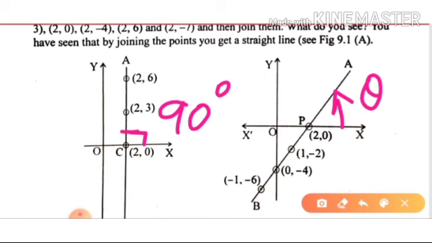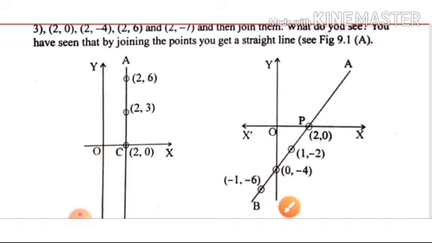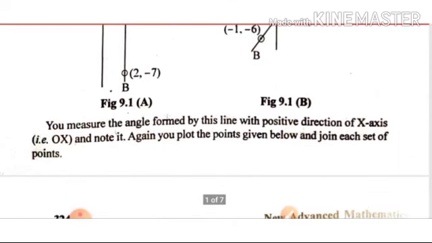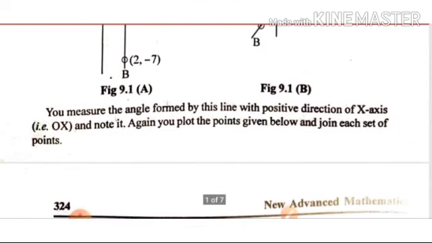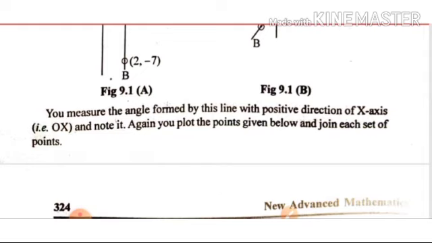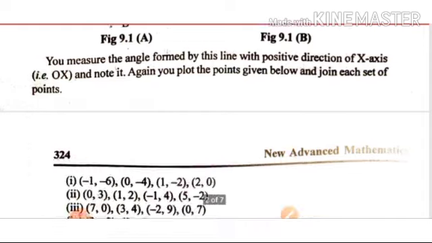It was easy to find, but for this one we cannot say what exactly the angle is. With the help of this inclination we can find out the gradient of a line. And always remember the inclination is always taken from the positive direction of x-axis.